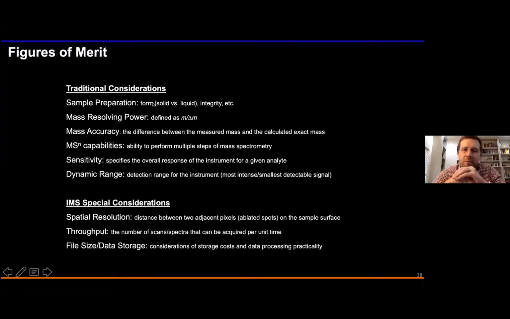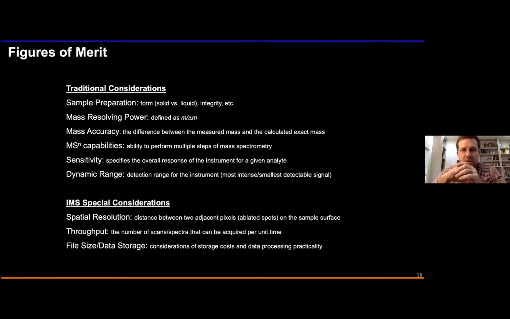Okay, so when we're setting up an imaging experiment, there's a number of figures of merit that we need to be concerned with. Some of these are very traditional, classical mass spectrometry figures of merit, things like mass resolving power, mass accuracy, and sensitivity. But there's also a few considerations that are kind of unique to the imaging experiment. And one of these is spatial resolution, so the distance between two adjacent pixels.